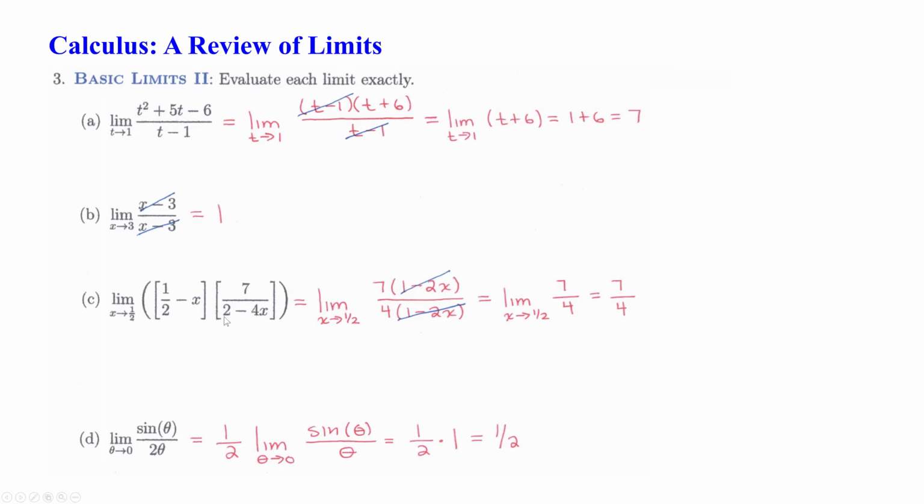So what we do is we get a common denominator and we multiply. So this would be 1 minus 2x over 2. Multiply, factor, cancel, and we see we have a common factor of 1 minus 2x. I'm leaving the algebra to the reader. Remember, this is a review of limits, so I'm leaving the algebra to the reader.